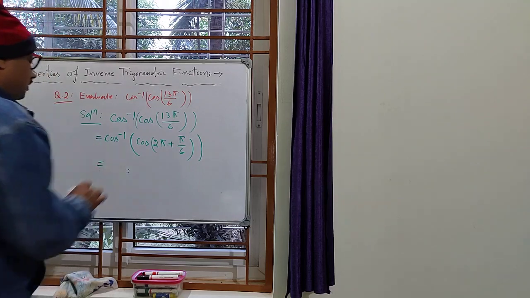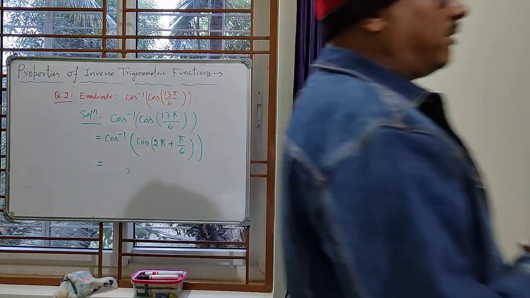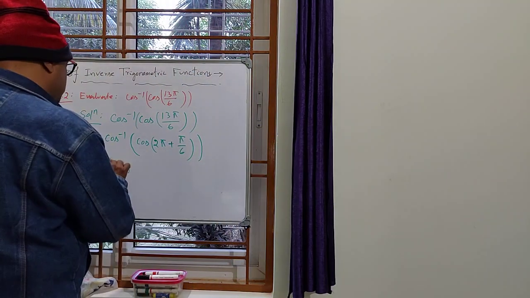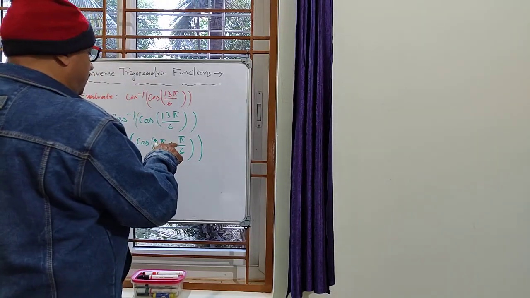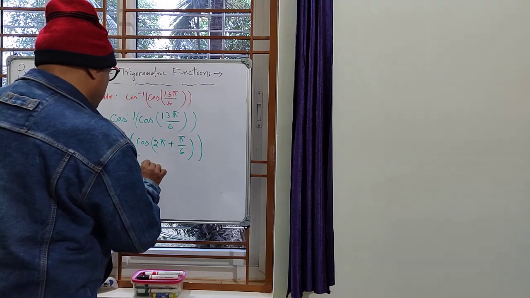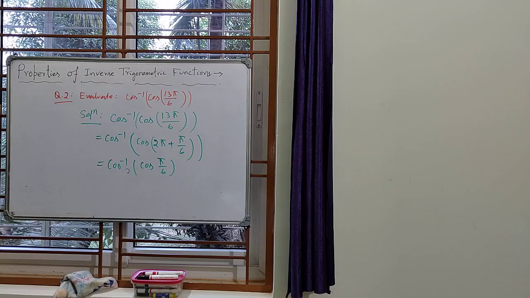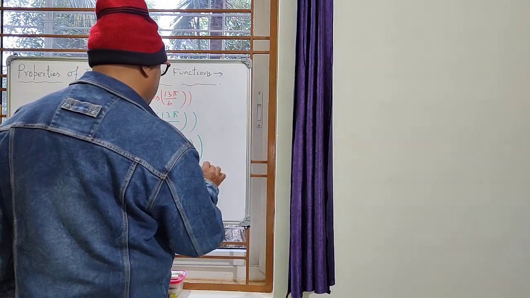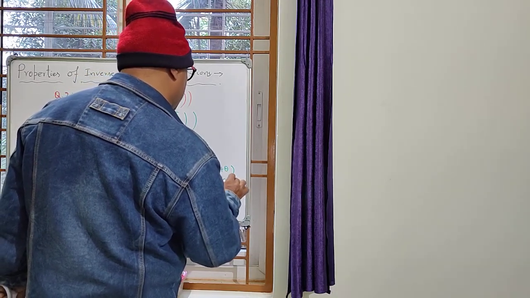We have already known that in the first quadrant of the coordinate plane, all trigonometric values are positive. So, cos inverse cos 2 pi plus pi by 6 can be written as cos pi by 6. You can write it down since cos 2 pi plus theta equals to cos theta.